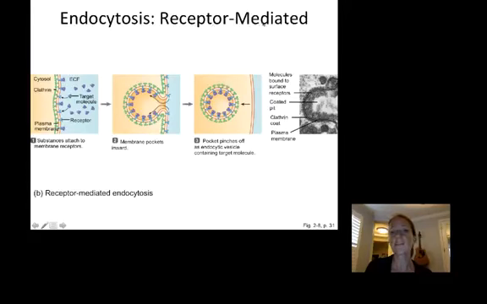The last is receptor-mediated endocytosis, where you have a certain specific molecule that you want to target to bring into the cell. It'll bind to its receptors, and then you will only bring that molecule, not the rest of the extracellular fluid, into a concentrated vesicle.